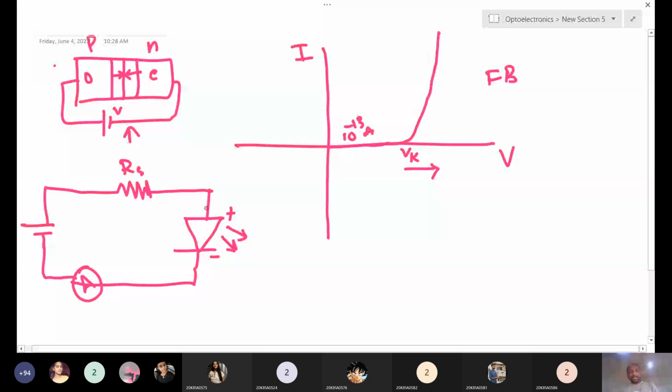Then our device will be safe. That is why we always connect one small resistor in an LED circuit. In practice you will do this measurement when you come to the lab, but I don't know when you will come.